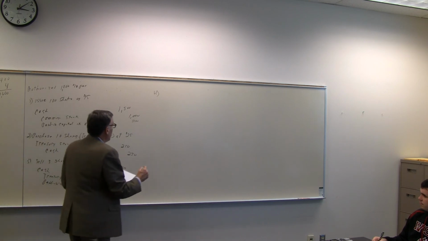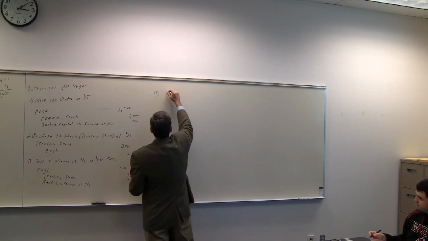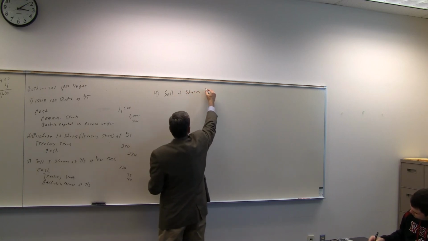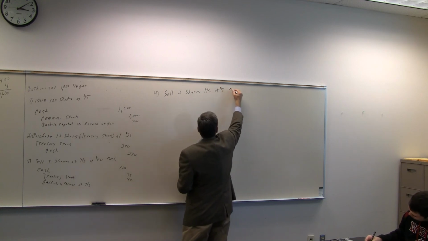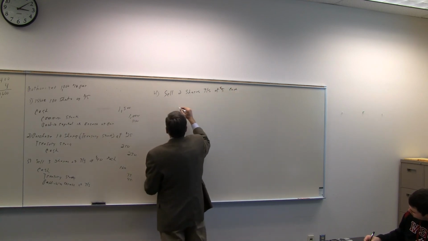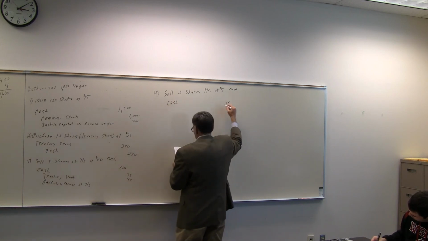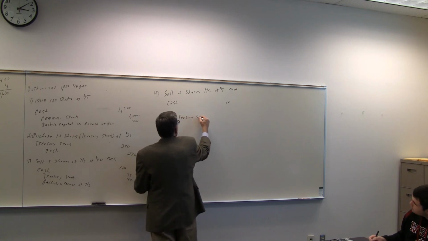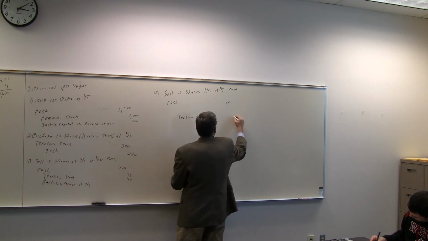Okay. Now they sell 2 shares of treasury stock for $5 each. Okay? So, cash would be debited for 10, and treasury stock will be credited for 50.